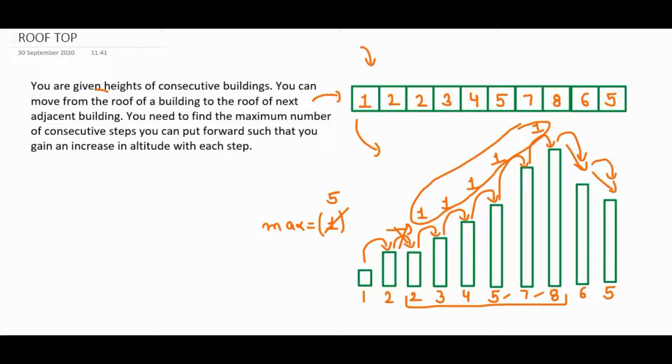So there should be 2 steps, but no, we have to consider only one step here. If there is an increase in size, there can be any increase, maybe 5 to 8 directly. We have to consider only one step in that case. Just increasing, we consider one step. So this is our answer.